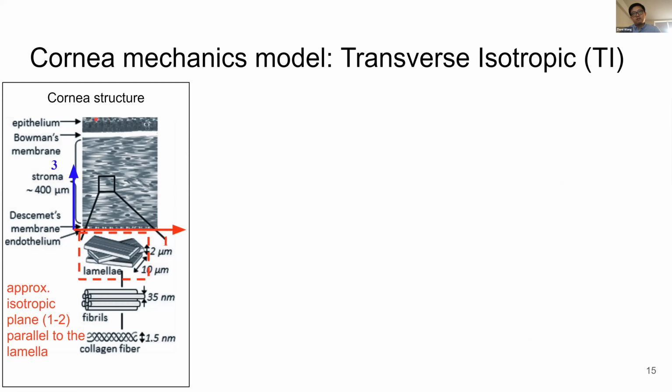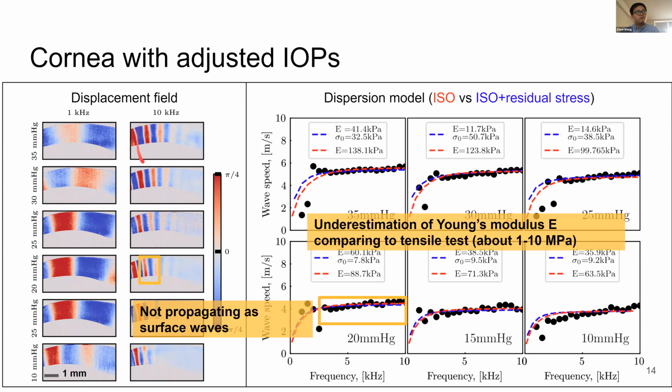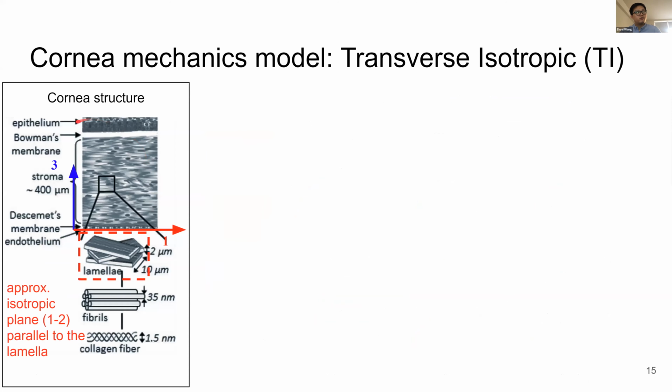So I think it is really hard for us to determine the properties of the interface, because the wavelength is larger than the thin layers such as the epithelium or the endothelium. Yeah, but it could be important. It's just that the scale of the measurements is much longer.